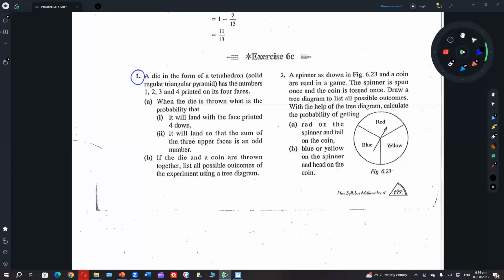A die in the form of a tetrahedron, a regular triangle pyramid, has the numbers 1, 2, 3, and 4 printed on its 4 faces. When the die is thrown, what is the probability that it will land with the face printed 4 down? First, read the question.